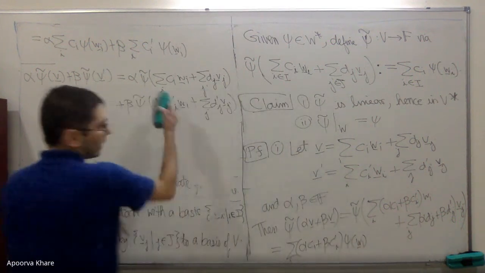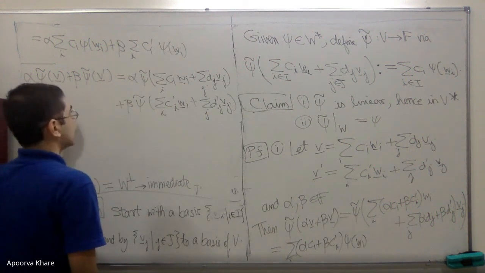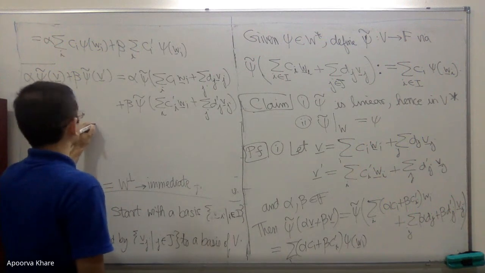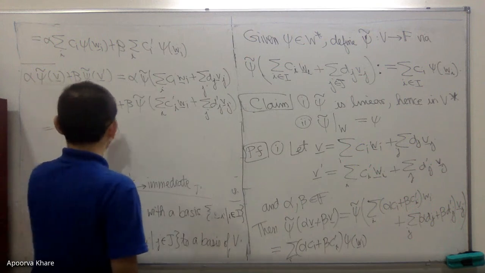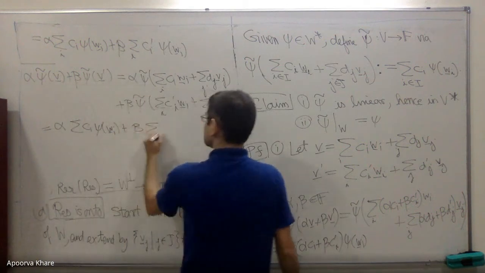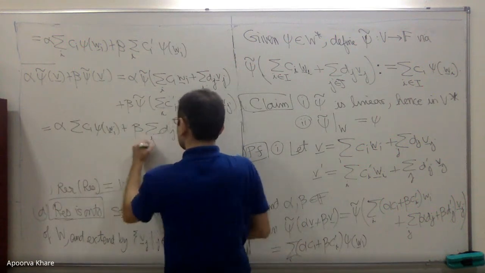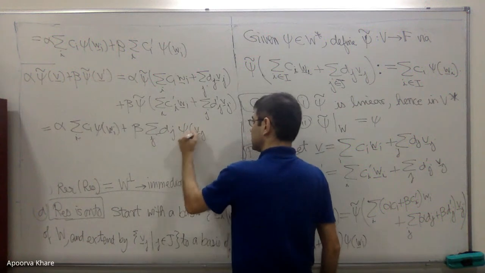And now again, you can use the definitions, and this is equal to alpha summation c_i psi of w_i plus beta summation d_j psi of v_j.